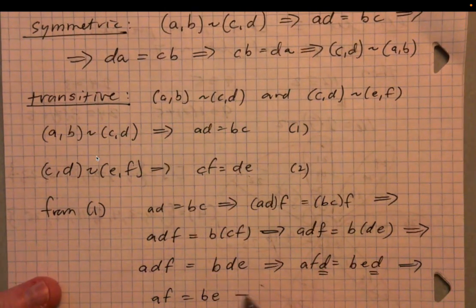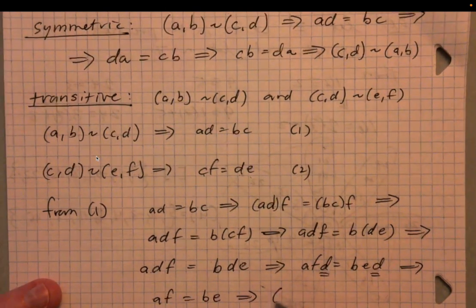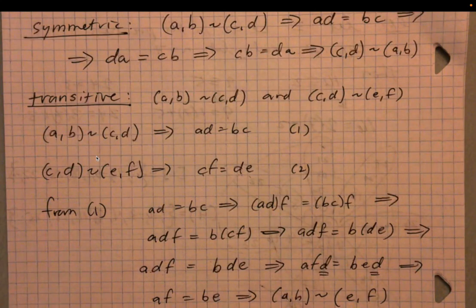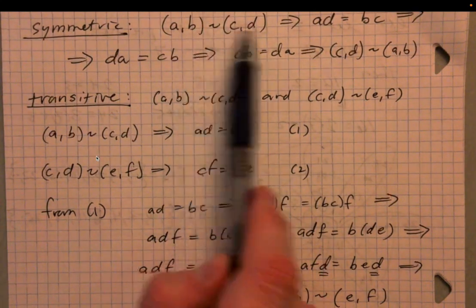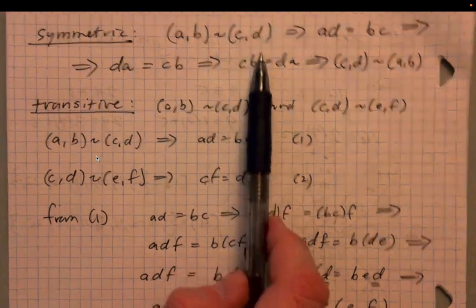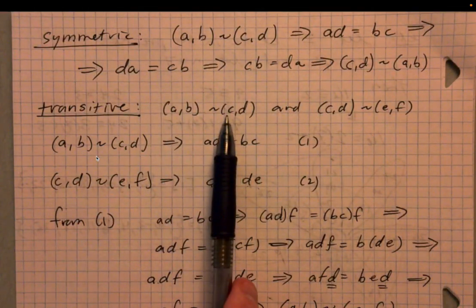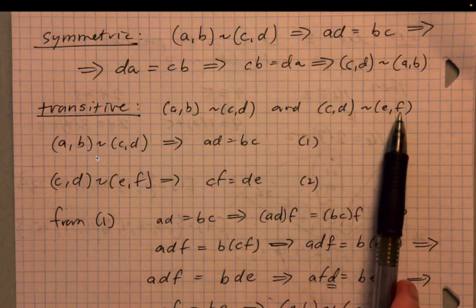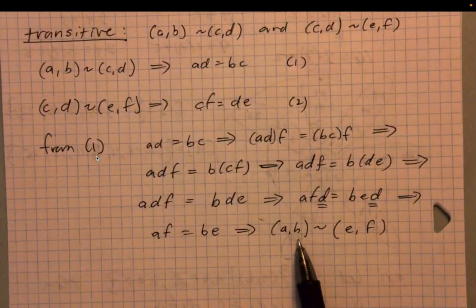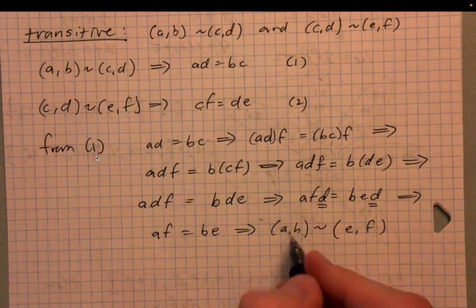And that basically means that AB is equivalent to EF, which is what we're trying to show. Right, so AB equivalent to CD and CD equivalent to EF implies that AB is equivalent to EF.